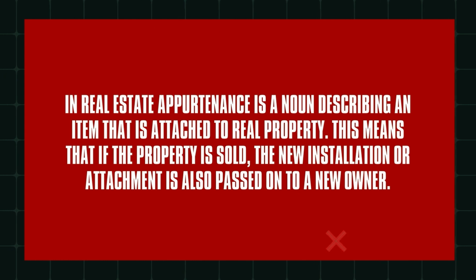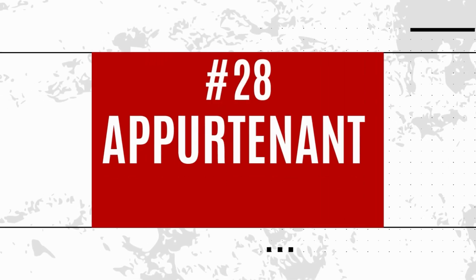Appurtenance refers to an item such as a fixture or improvement that is attached to a property and is transferred to the new owner when the property is sold. And the little brother of appurtenance is appurtenant.